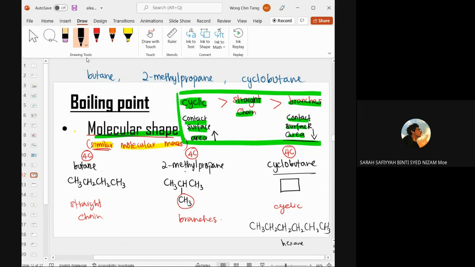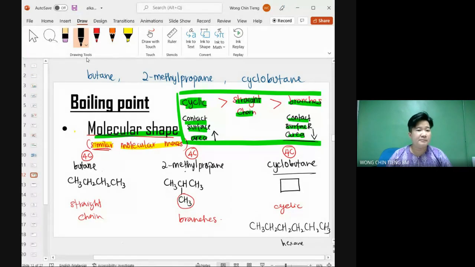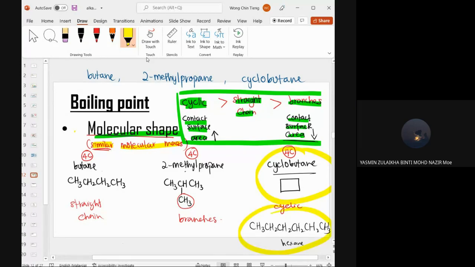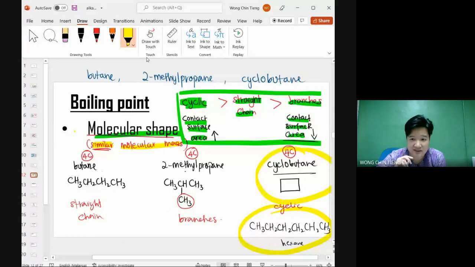Yes, cyclobutane. Remember the first priority? Molecular mass or molecular shape? Molecular mass, Yasmin. So Yasmin, sekali lagi. Molecular mass. Saya ada hexane, 6 carbon. Yasmin, siapa boiling point lagi tinggi kalau antara dua ni? Hexane. Hexane boiling point lagi tinggi.